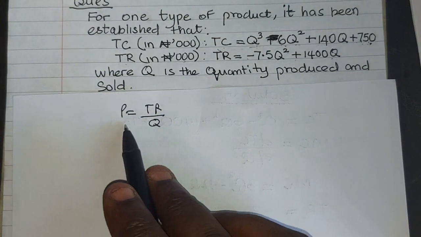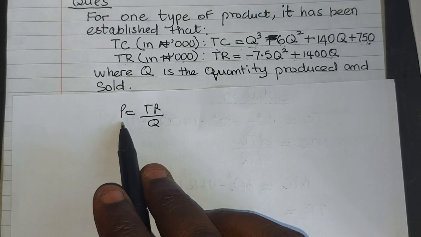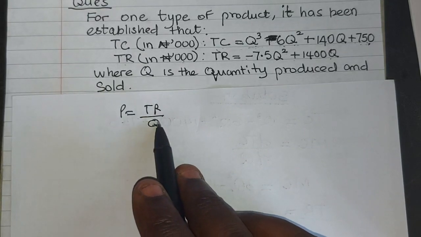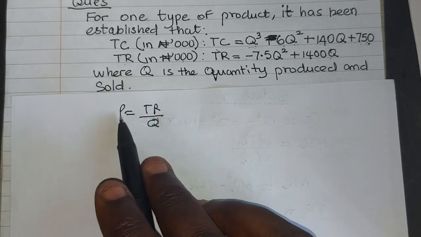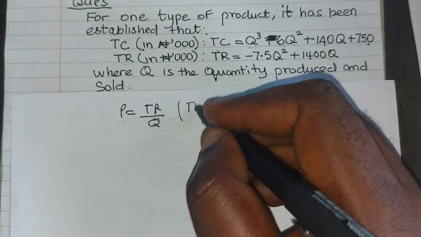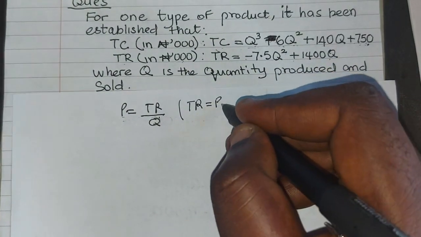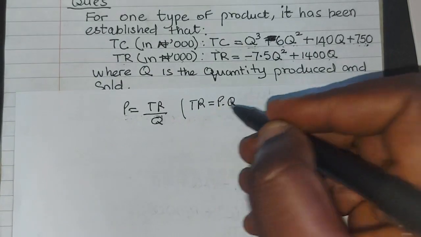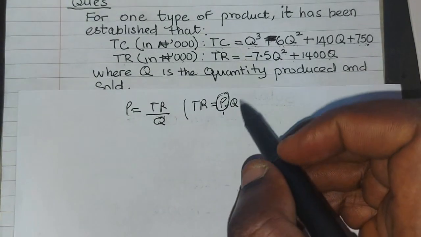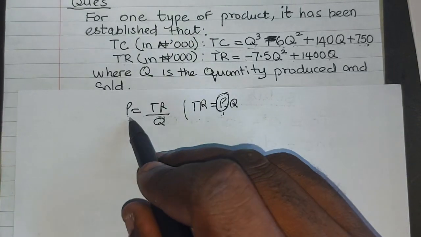So to find P, the price, that's the demand function, from total revenue you divide by the total quantity. Because we know that our total revenue is a function of price and Q, and this now is what we want to look for. So to look for this, you make P the subject of the formula.